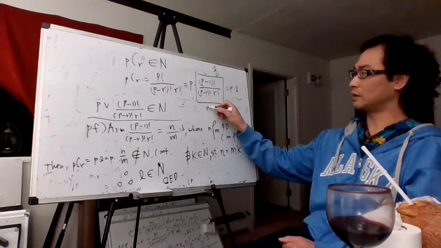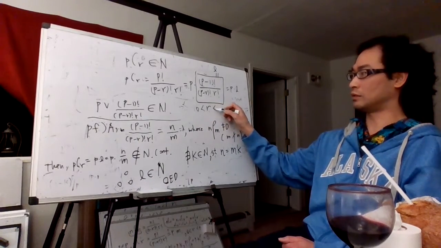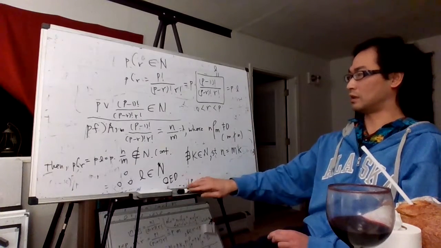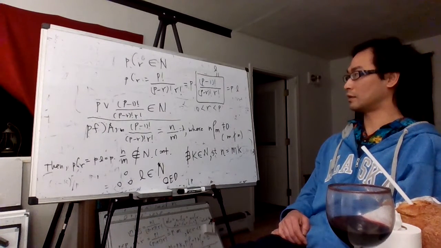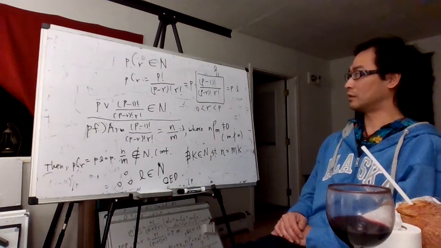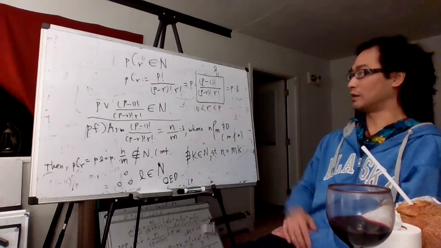R has to be, it could be one, but it cannot be zero. And strictly less than P. Because why? Because if R is zero, what happens? PC zero is one.